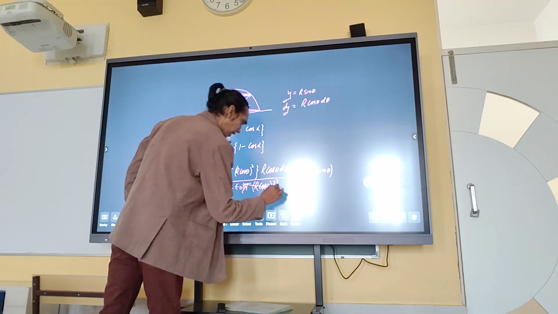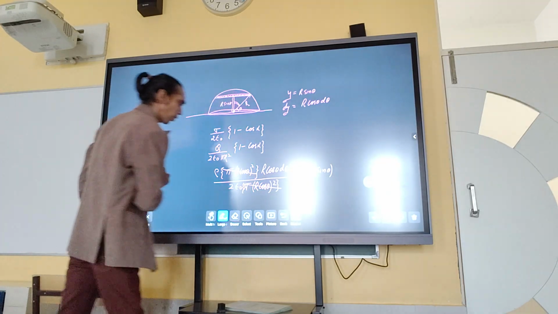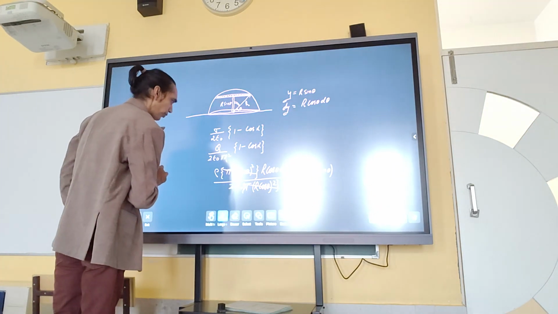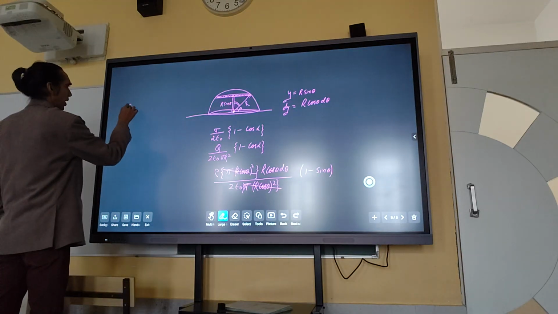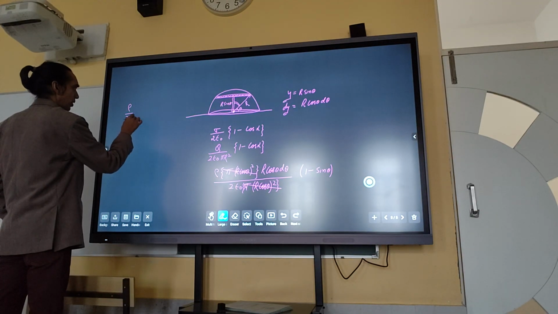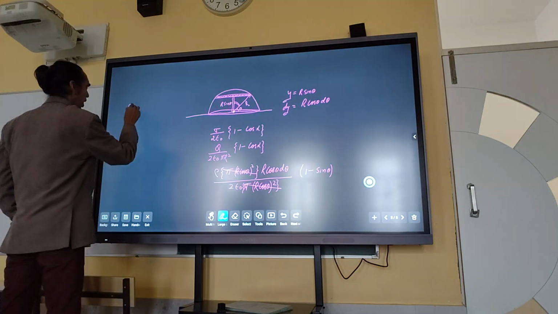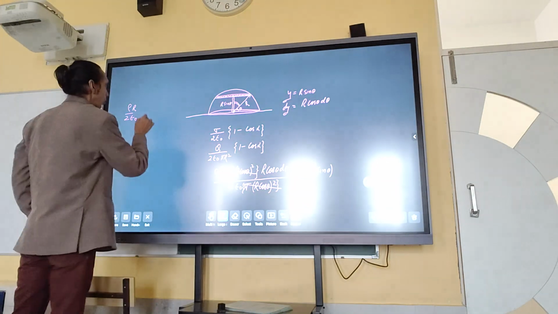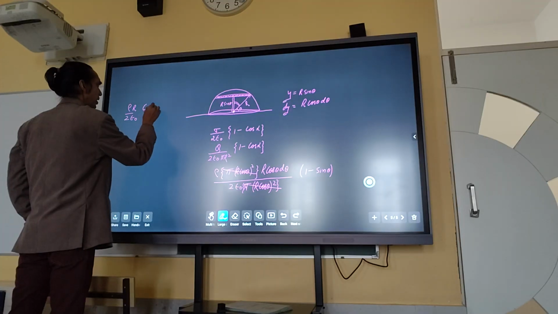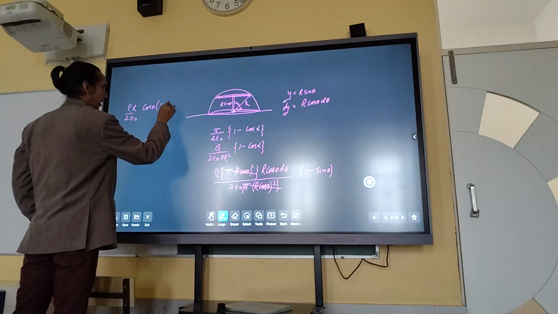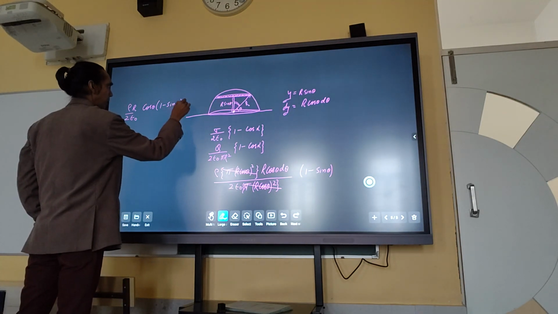Pi r square, and what we get from here is rho divided by twice epsilon naught, r as it is, so I keep r over here, cos theta into 1 minus sine of the angle theta d theta.